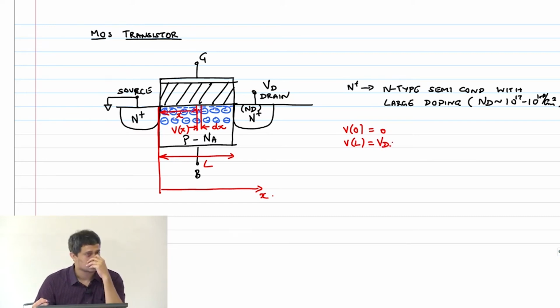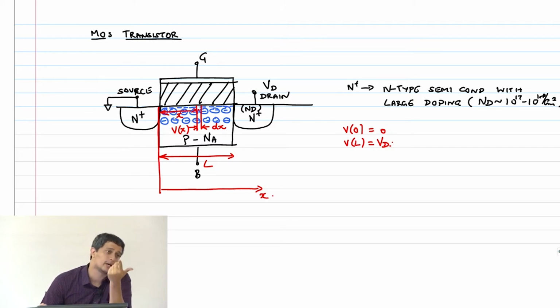Now what is the amount of inversion charge that is available for conduction in that small element dx with width W? See, that thing is already at a potential V. Over and above that, I need VGS minus VT.